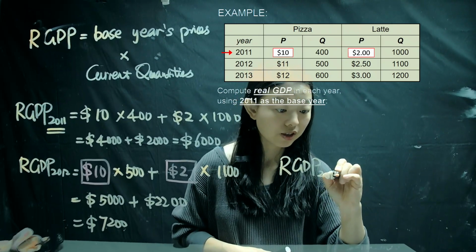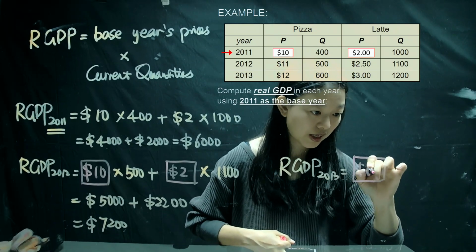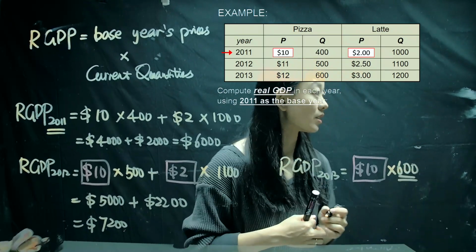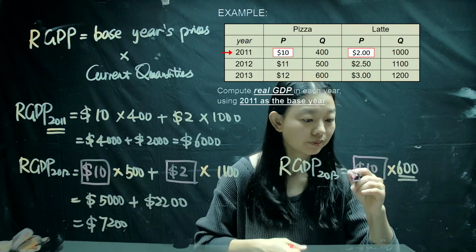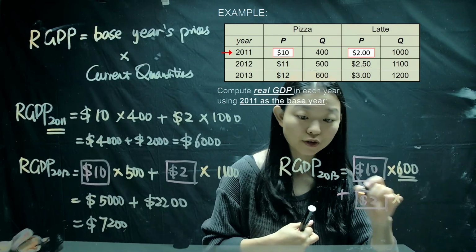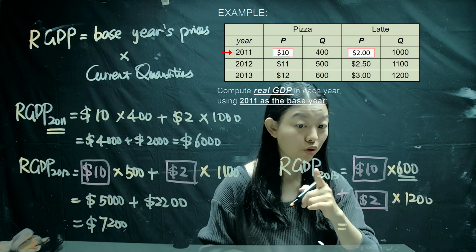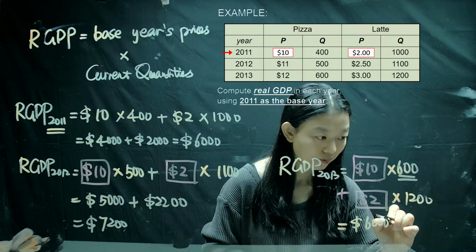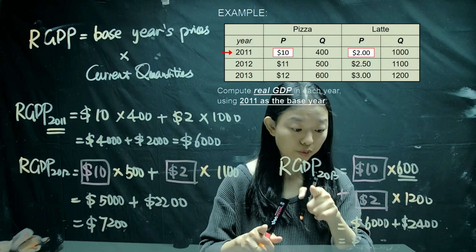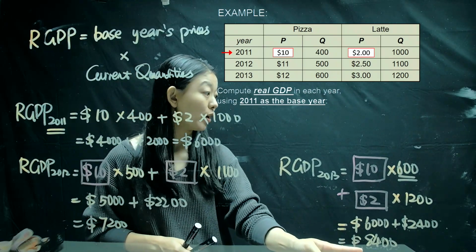Now let's see how we get the real GDP in 2013. It still uses the base year's price for pizza, $10, times the pizza quantity in 2013, 600, which is just the current quantity, plus the base year's latte price, $2, times the quantity in 2013, 1,200. Finally, the real GDP in 2013 equals 6,000 plus 2,400, which is 8,400, and that is different from nominal GDP.